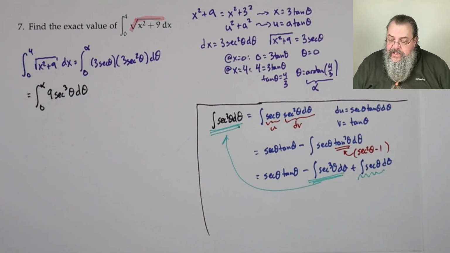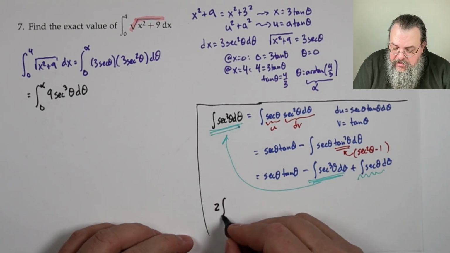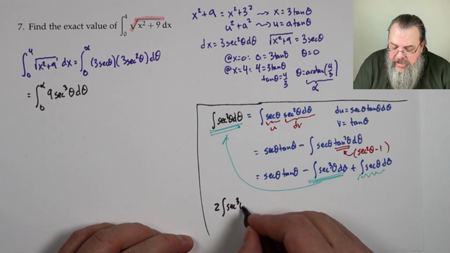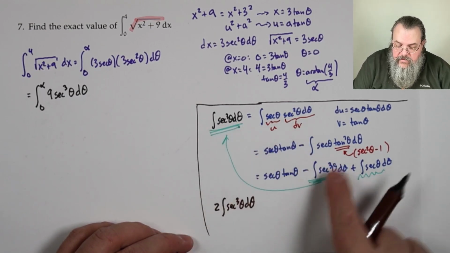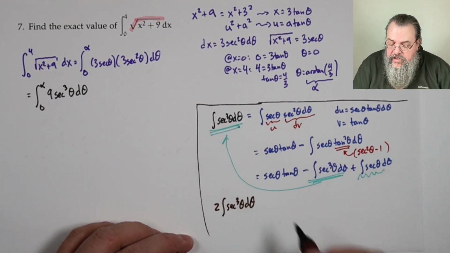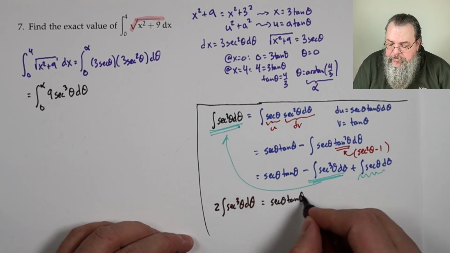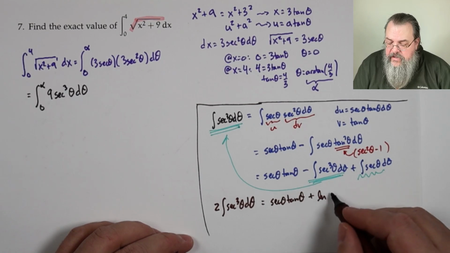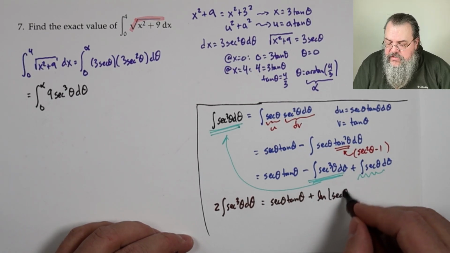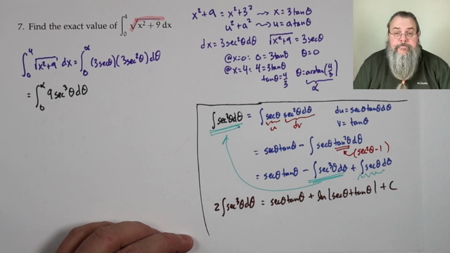So if we carry out those two steps, we get the following. 2 times the integral of secant cubed theta d theta. Those two combined, because this is a minus, this comes over as a plus, is equal to secant theta tangent theta plus, and the integral of secant is log of secant plus tangent, plus c.